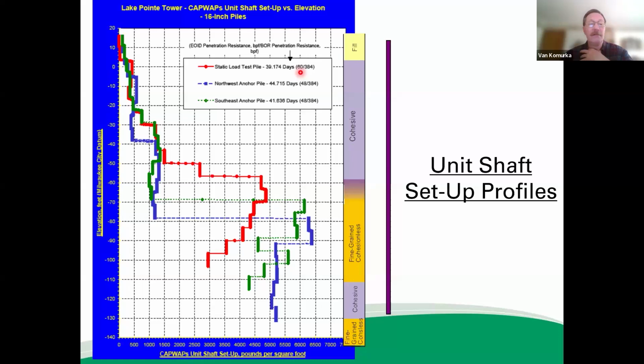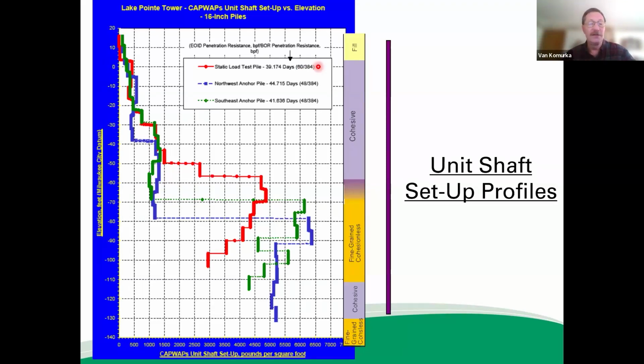The end of drive penetration resistance blows per foot, and the restrike penetration resistance blows per foot. And you can see that the restrike penetration resistance on all these piles was 300 and equivalent penetration resistance of 384 blows per foot. Again, not mobilized. So the setup's going to be under predicted because the restrike is not mobilized.